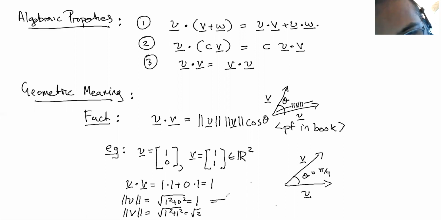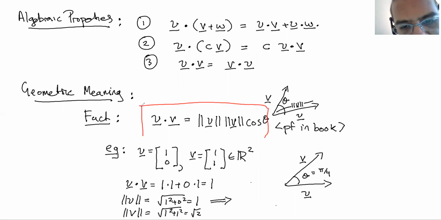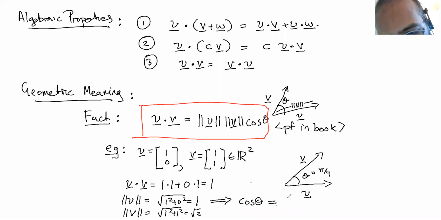And so according to this fact, I should have that the cosine of the angle between them should be the ratio of these numbers. So 1 over root 2, which is actually cosine pi over 4.